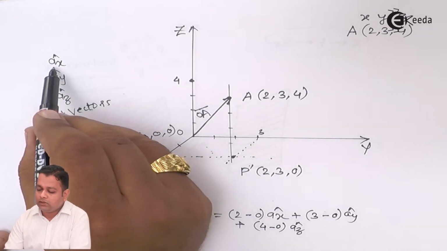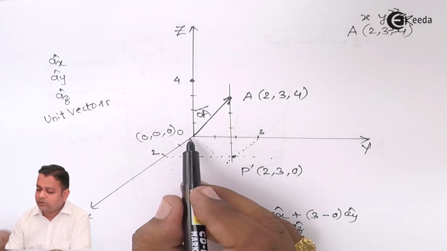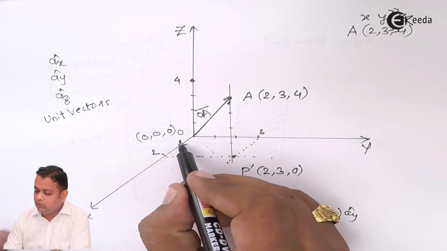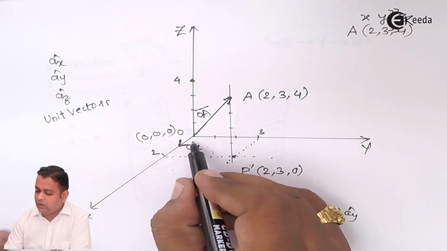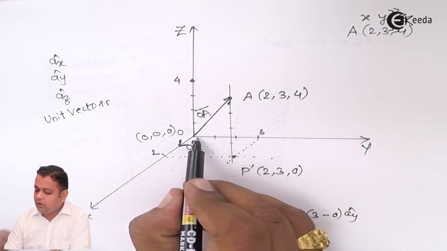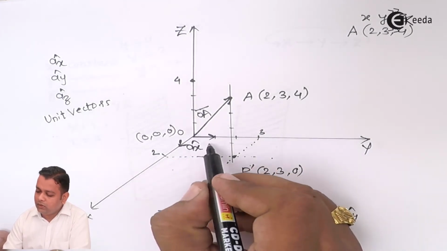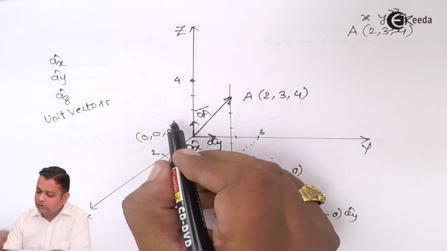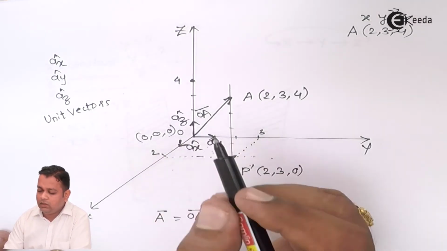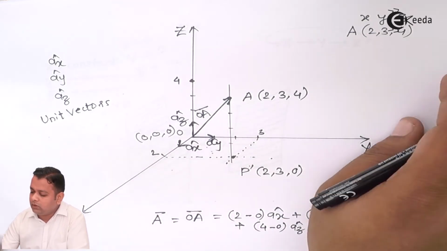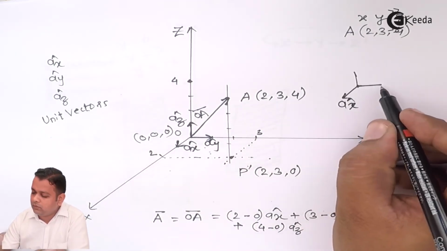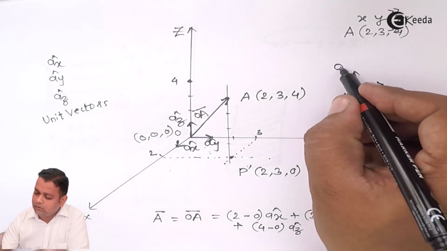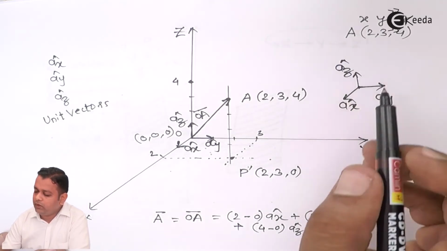So ax cap represents the direction of the x-axis. So one unit here we can represent as ax cap. One unit along the y-axis we can represent as ay cap, and one unit along the z-axis we can represent as az cap. So here I can show ax cap, this is ay cap, this is az cap.